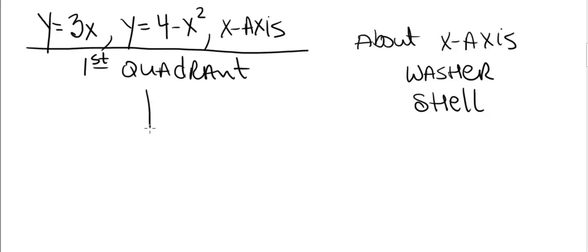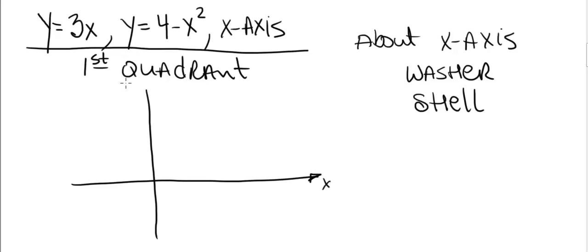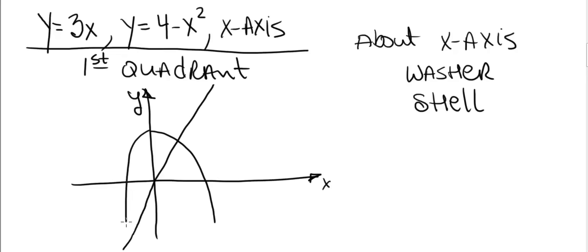So first let's sketch this region. The line y equals 3x looks something like that. Here's the parabola. It opens down. You see there are 2 points of intersection between the line and the parabola. And right here we have the line, the parabola, and the x-axis.